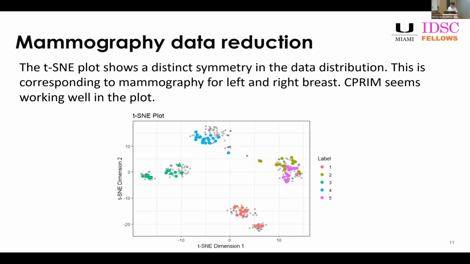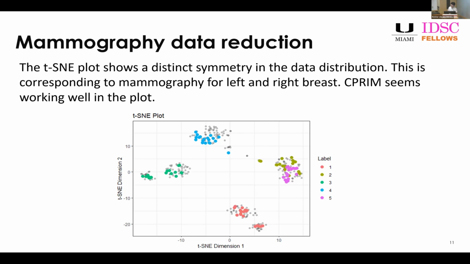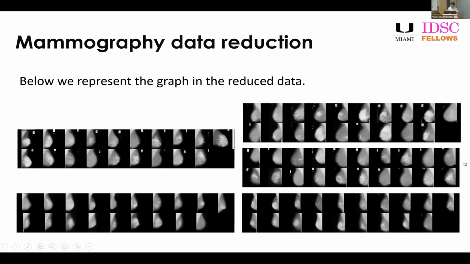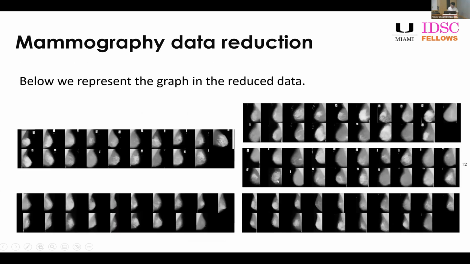We'll see the plot here. The orange corresponds to this orange, the blue one is this one, the green one is this one, and these two are these two, and this one is this one. You can see there's a pattern here. It's really clear that it's left and right.